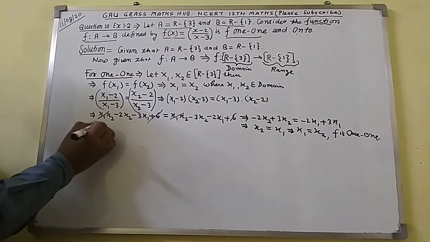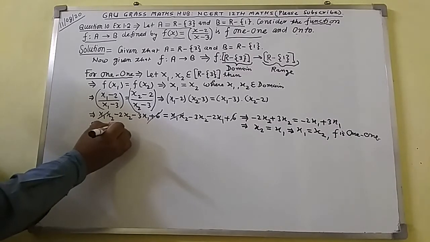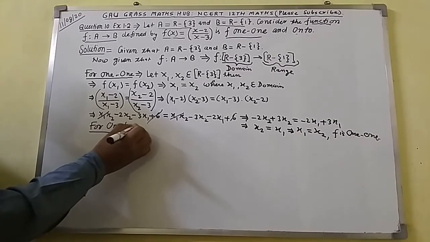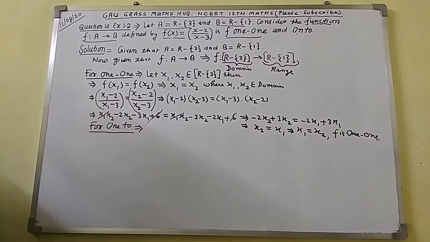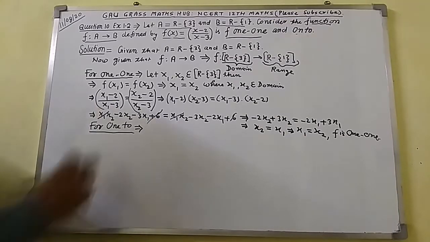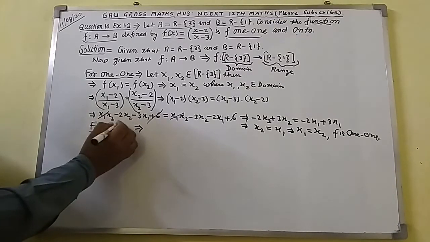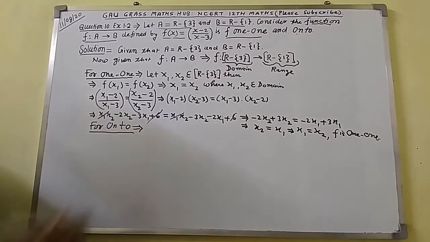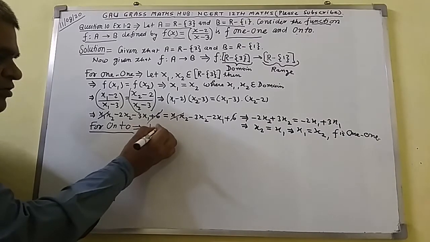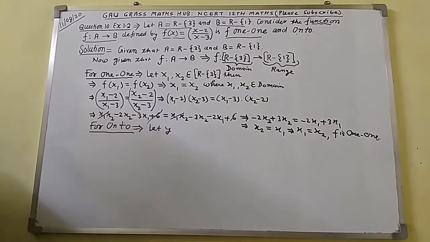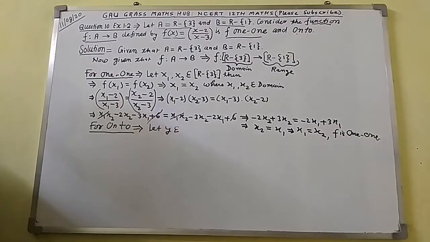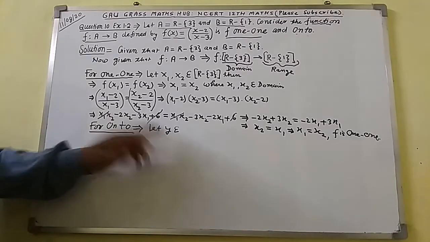For onto, this is the general condition for onto. What to do? In case of onto, write a statement. Let small y be element of range.